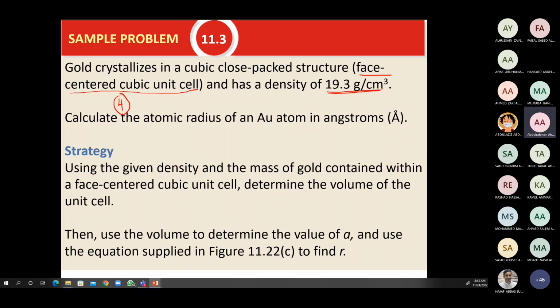Density. Can you calculate the volume if you know the mass and the density? Yes. Volume equals mass over density. Exactly. Find first the mass of the cube.